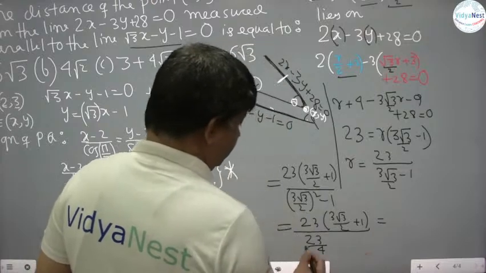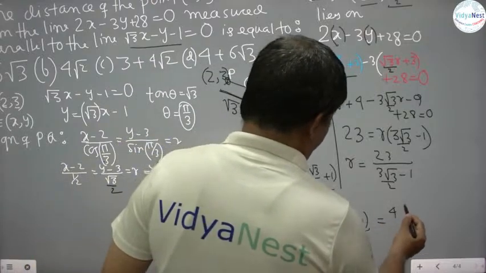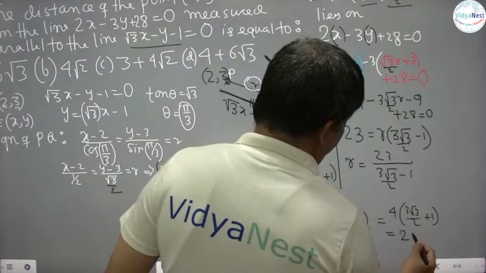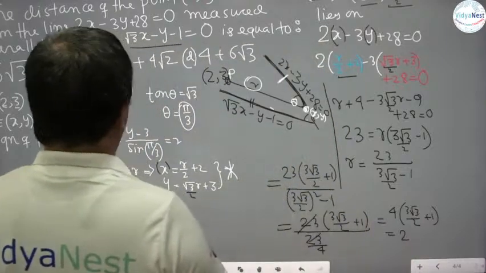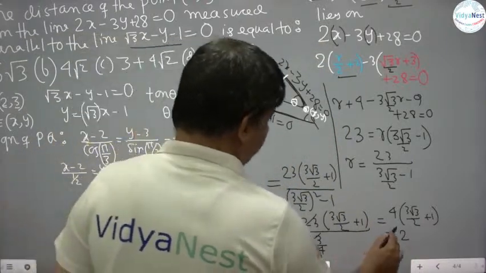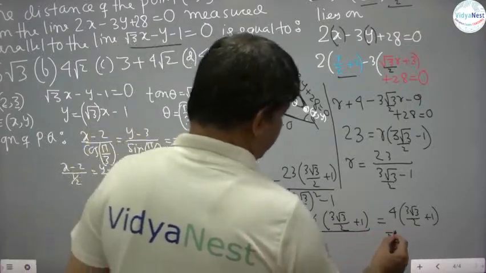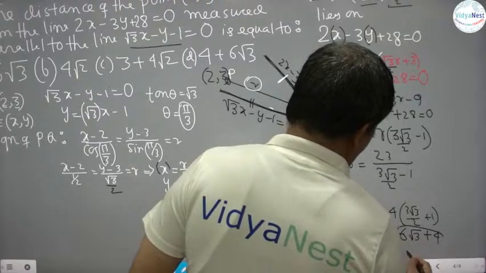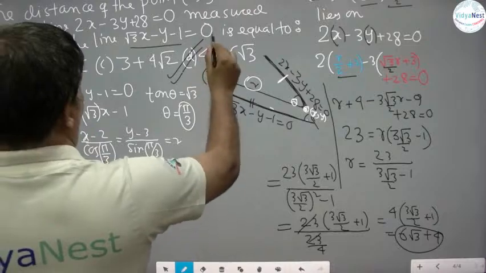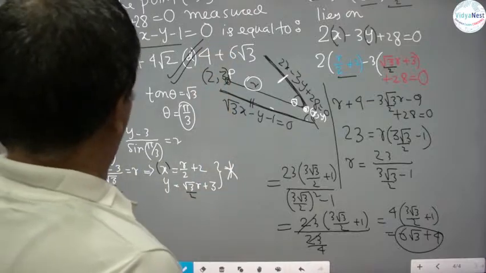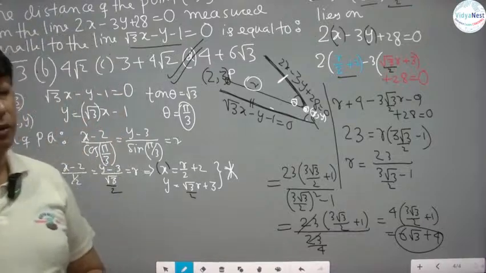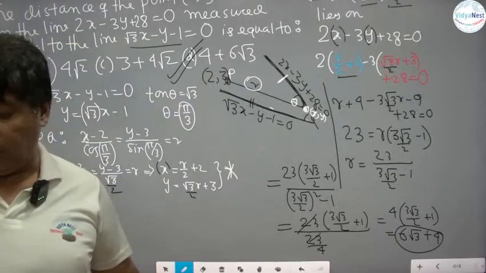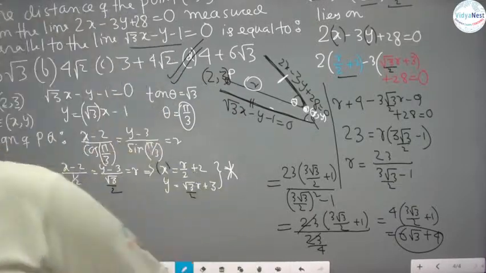Now, 4 times 3 root 3 by 2 plus 1. Open it. If you open, six root 3 plus 4. Option D. So, by using symmetrical form, we could manage a recent year JEE Main question regarding symmetrical form. Hope you could follow.